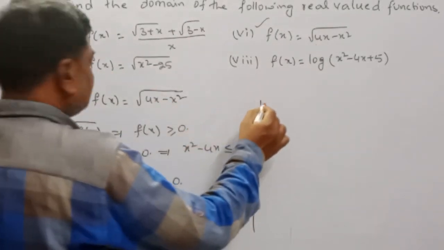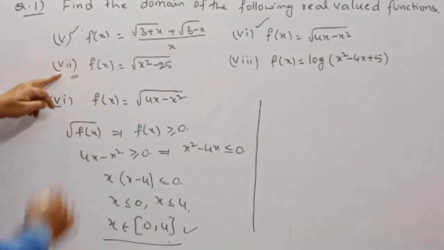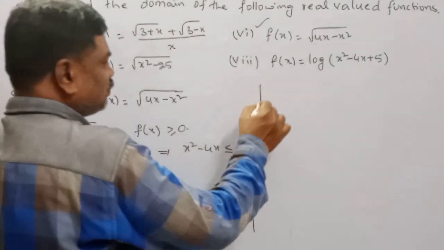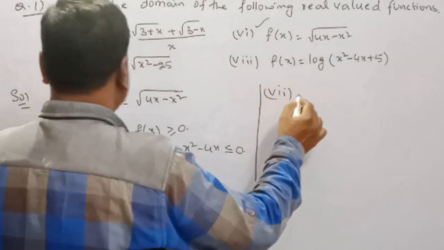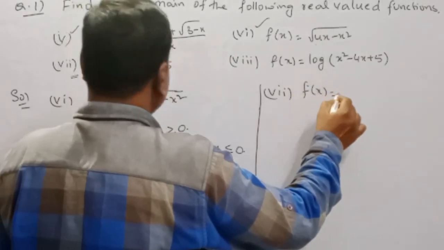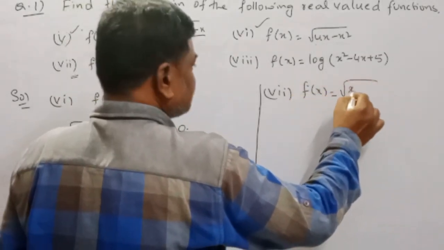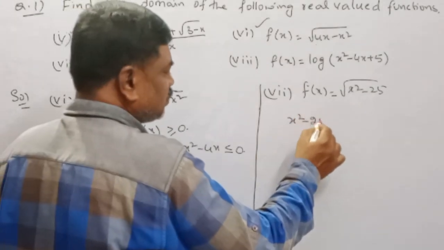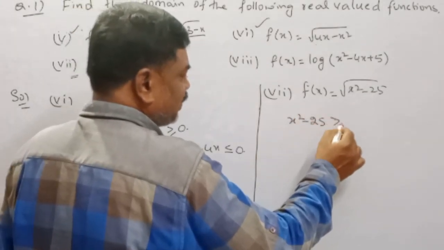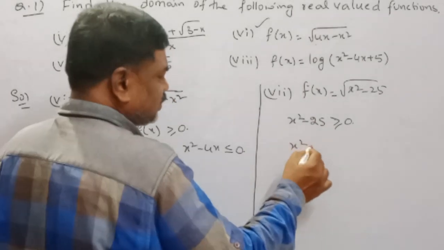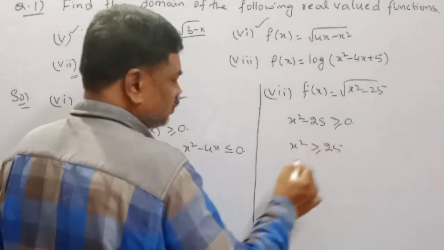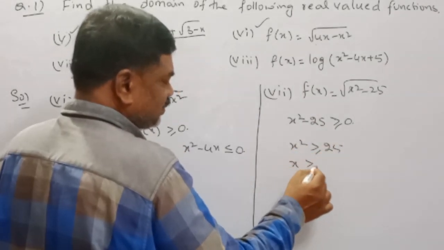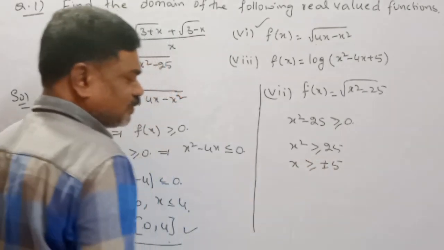Similarly, you take the seventh problem. Seventh problem, f of x is equal to root over x square minus 25. So x square minus 25 greater than or equal to 0. X square greater than or equal to 25. X greater than or equal to plus or minus 5.